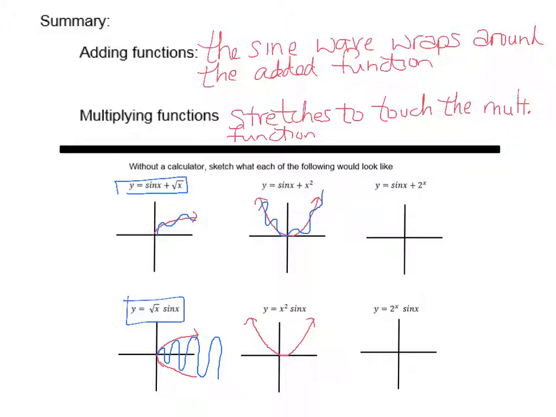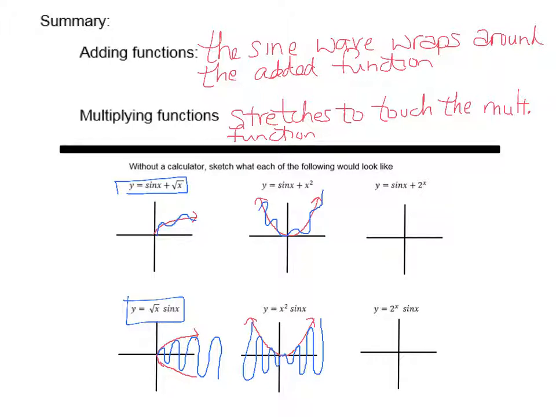When I'm multiplying, it's like the amplitude, and it tells me how high to stretch the graph, and so it follows. This parabola comes up and touches. It does the same thing on this side. And obviously you can tell we don't get too worked up with exact points or anything like that. Just get the gist of it and understand what would happen.